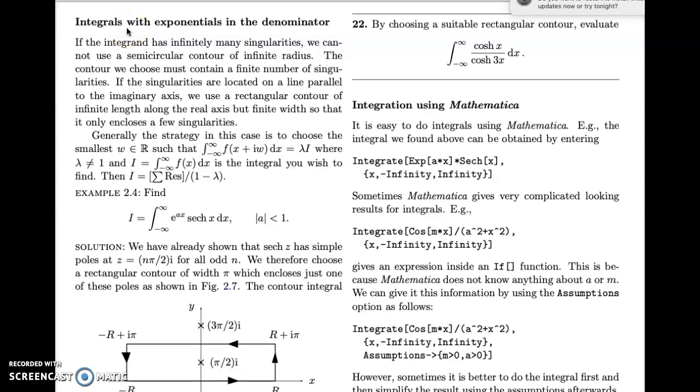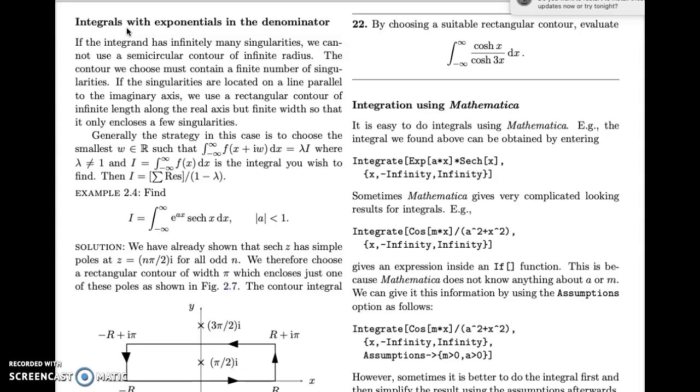So generally, sometimes an integrand will have infinitely many singularities. This will happen if you've got 1 over a periodic function, and that periodic function can sometimes be 0.